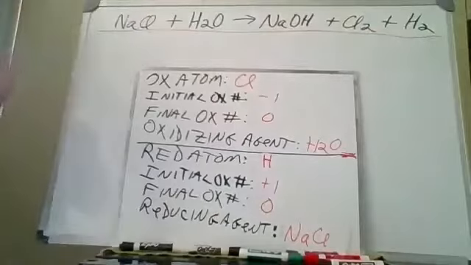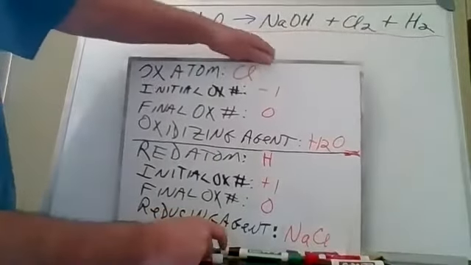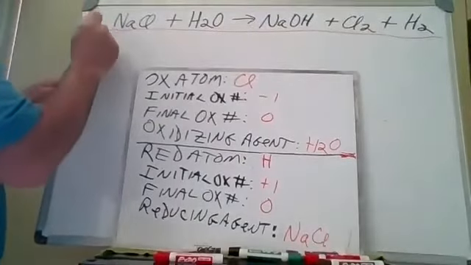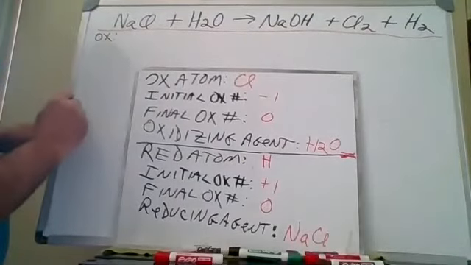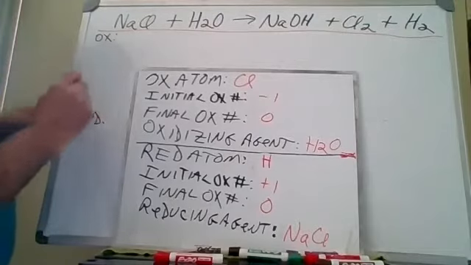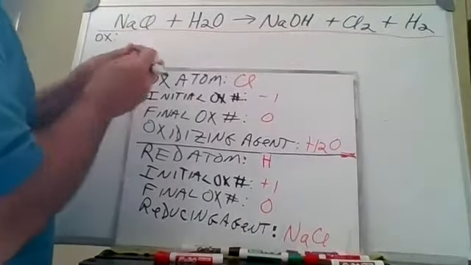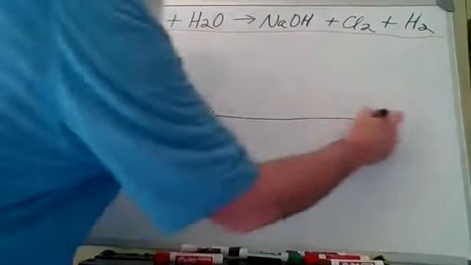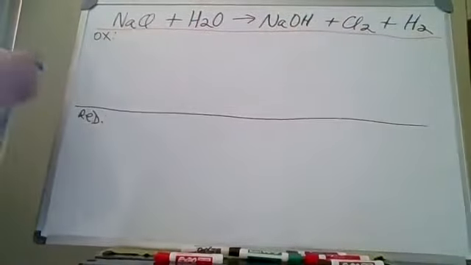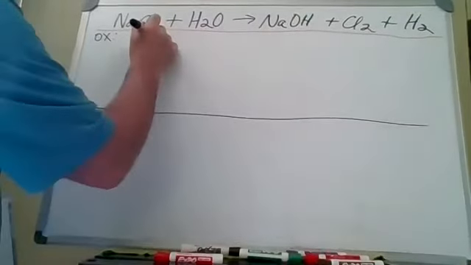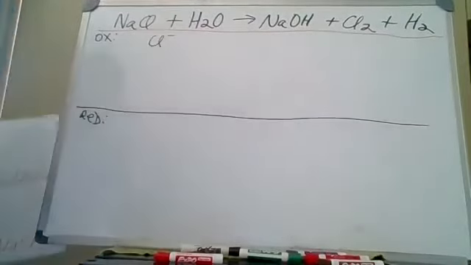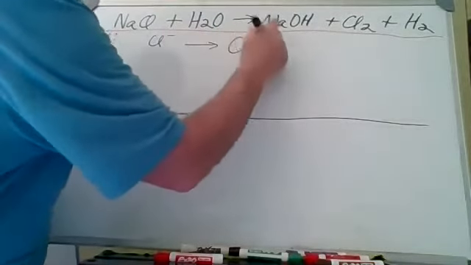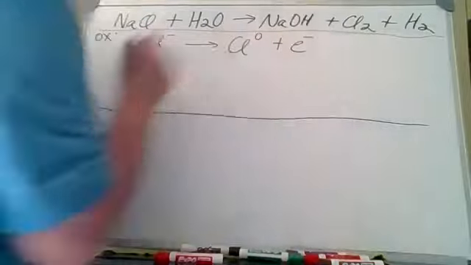So we're going to write down here our half reactions. We'll write down oxidation, and down here our reduction. Let's draw a line across here. The oxidized atom is chlorine, which starts out at -1. It's going to end up at 0, which means it must have lost an electron.